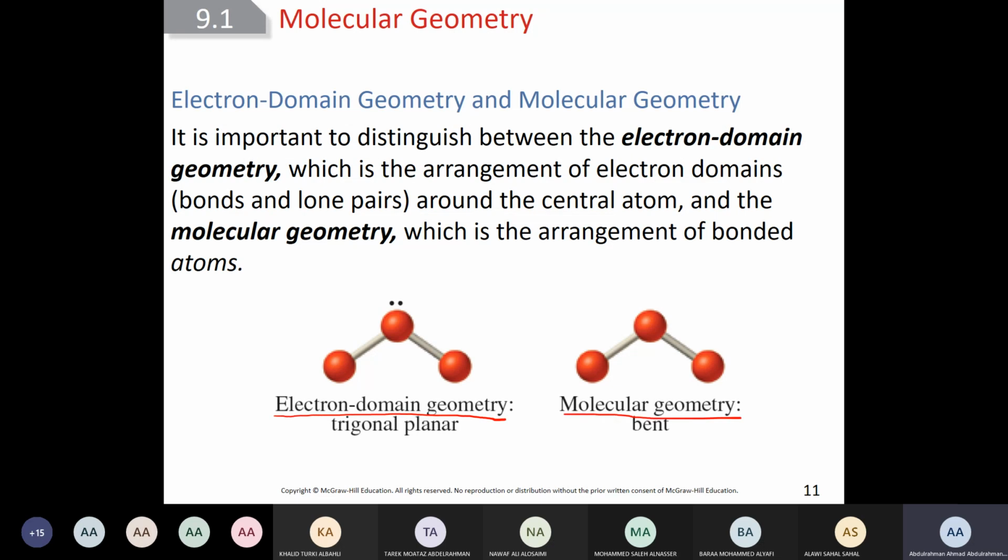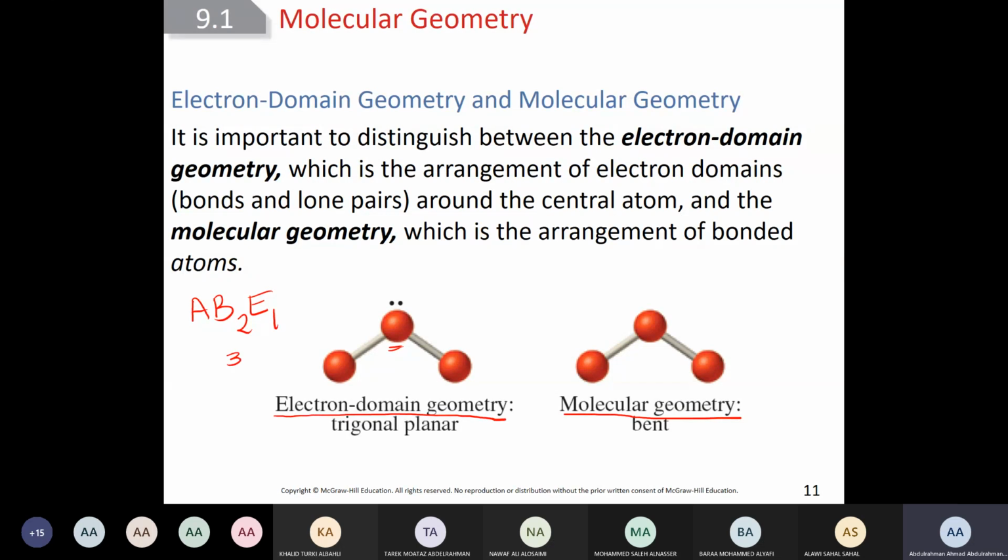What's the electron domain for this central atom? AB2E1. What's the total? 3. Total 3.